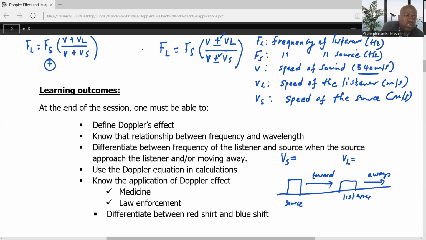If we are using the plus formula, in order to increase the frequency of the listener, the denominator should decrease. If the denominator decreases, then this will become higher. So how are we going to decrease this?